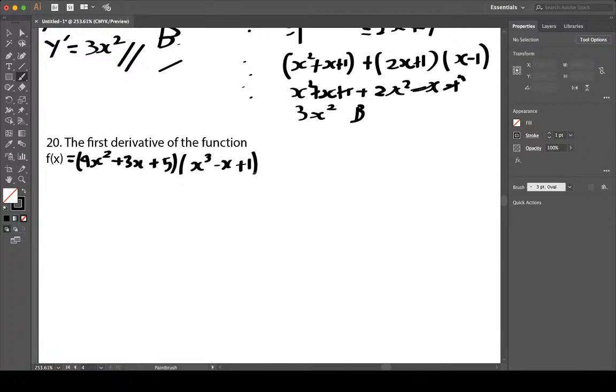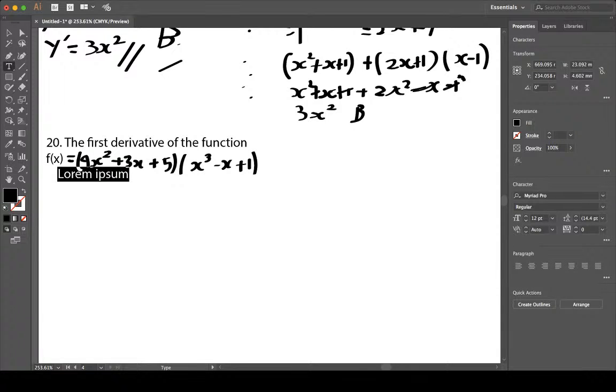Let's go back to text. f prime of x is equal to something.